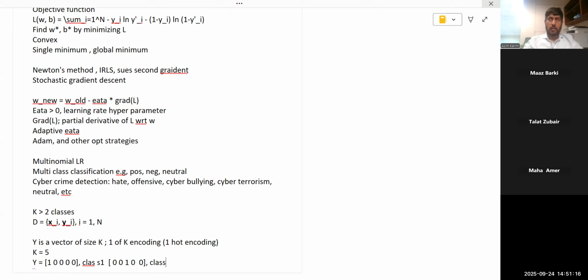So this would be class 3. इस तरह हम different classes denote कर रहे हैं. So y is not a scalar now, y is a vector. But it's a one hot encoding vector with just one 1 in the entire vector, and the position where that one is tells us which class it is.